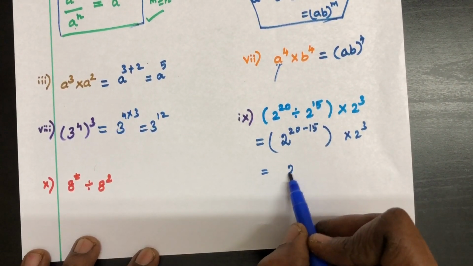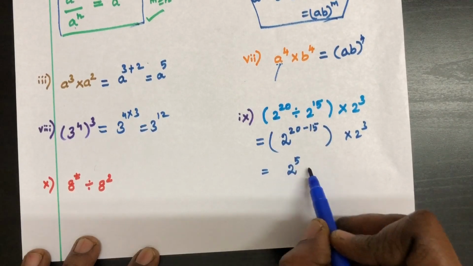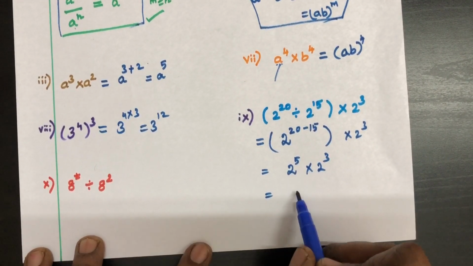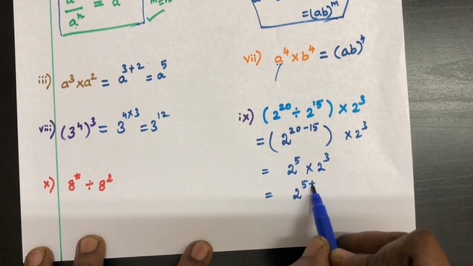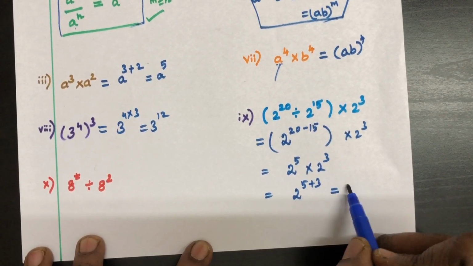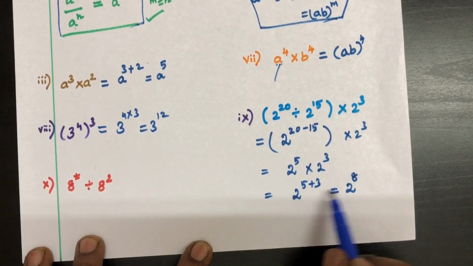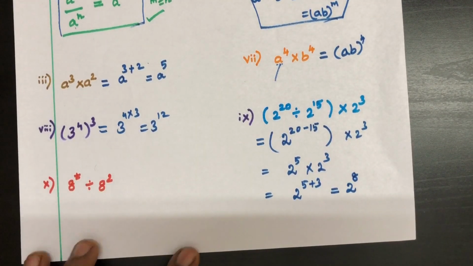This is equal to 2 power 5 into 2 cube. If the bases are equal, we need to add the powers. So if we add the powers, this will give you 2 power 8. 5 plus 3 is 8. So 2 power 8 is the answer.